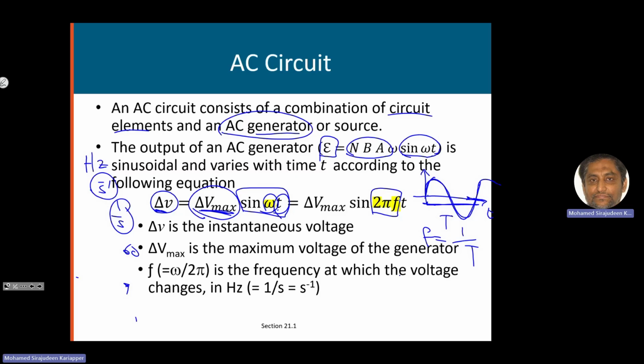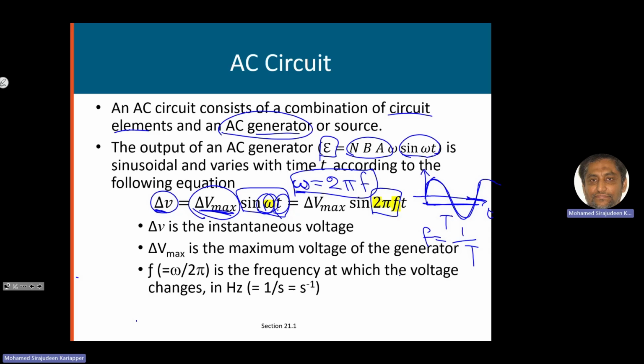There is another equation we need to know, this one. This omega, we call it angular frequency because it is related to the frequency by this equation. It corresponds to the rotating velocity of the coil in an AC generator, but at the same time, it is related to the frequency f through this equation.